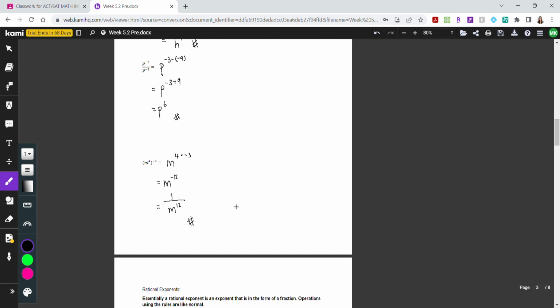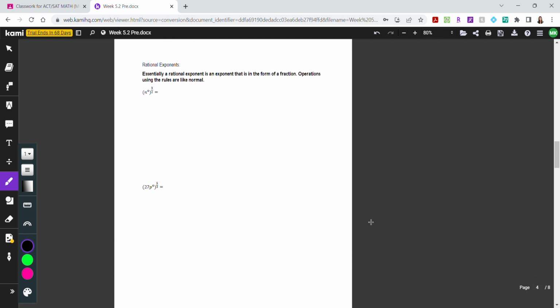All right, so as you can see, when you're multiplying, dividing, and powering with negative exponents, it's pretty much the same thing with positive exponents in regards to the product rule, the quotient rule, and the power rule, except now you do need to take into consideration the negative sign. Now, the next thing that we have are rational exponents.